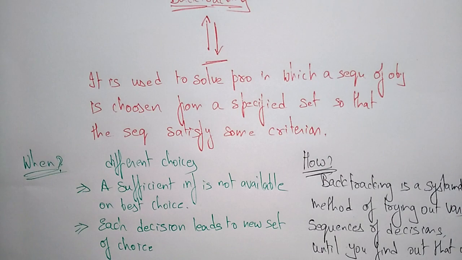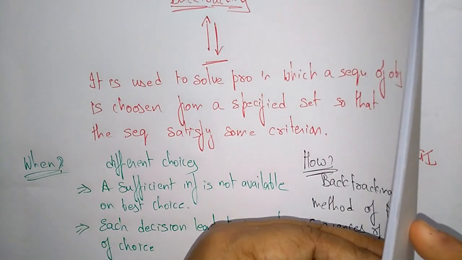If you didn't get your solution, again you go back, take another sequence of decisions, and check forward. If you still don't find the solution, again go back and take another decision, and check the sequence of choices in that decision until you reach your solution. That is backtracking, going back, that's it.